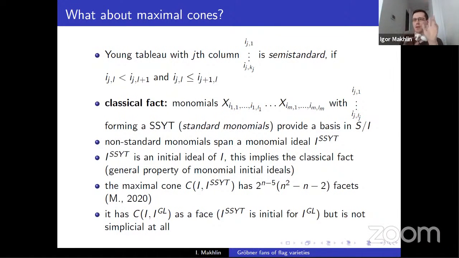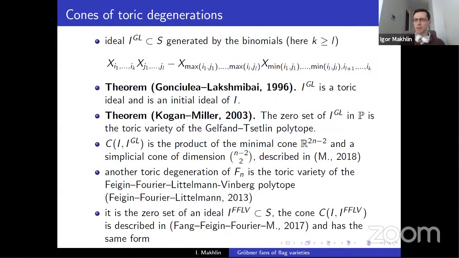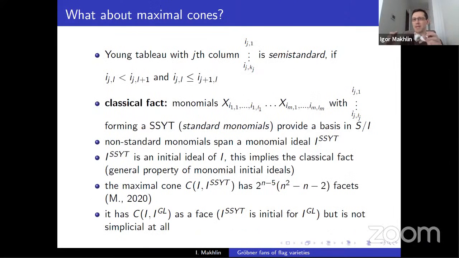And then, as I said, all the faces which sit inside the smaller cone, the toric one, the corresponding degenerations were described in these papers about degenerate representations. But then we can go upwards from this face. So we can consider all the faces that contain this toric face, so all further degenerations of the toric degeneration.